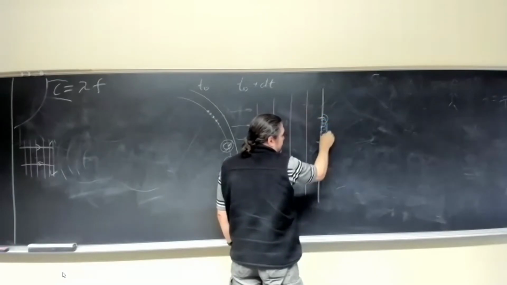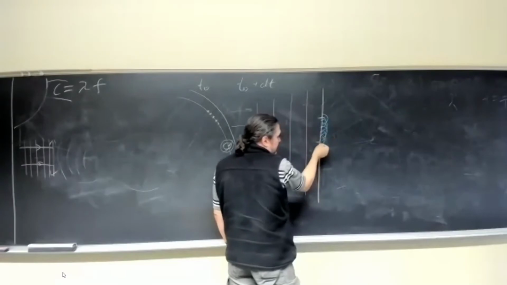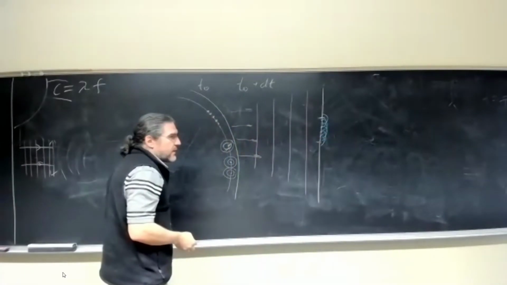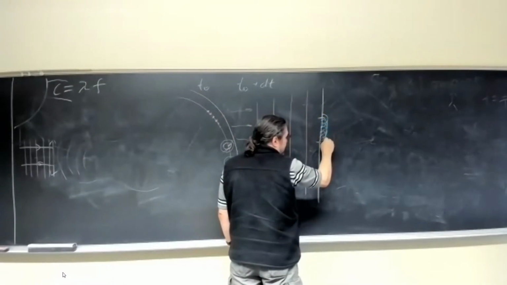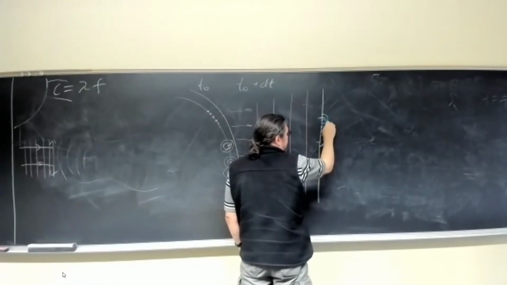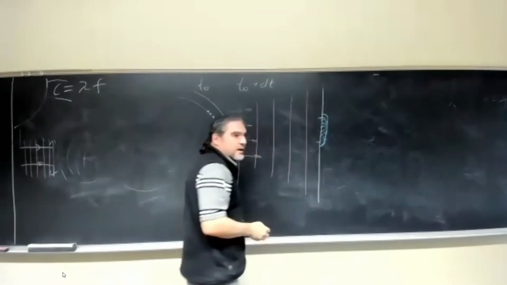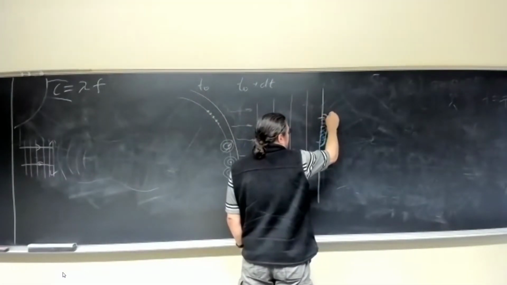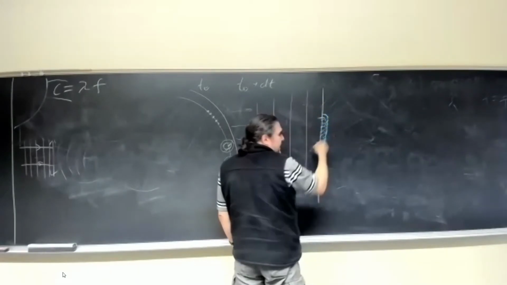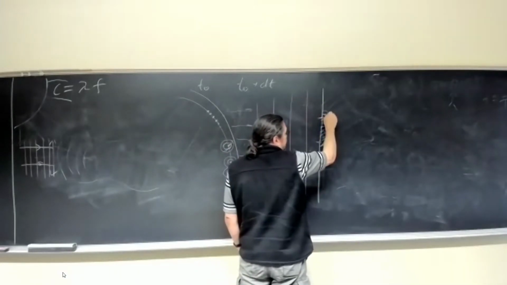So I do it like this, right? And then my resulting wavefront is the sum of them like this. And then at the next point in time, I need to think about that wavefront as a collection of sources, and I again do this.